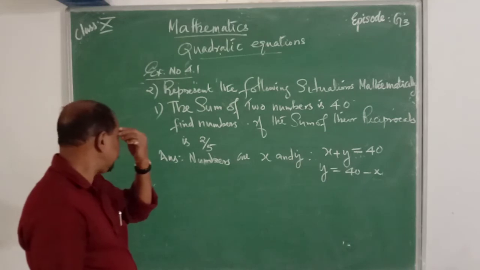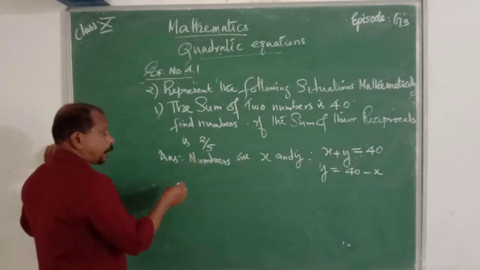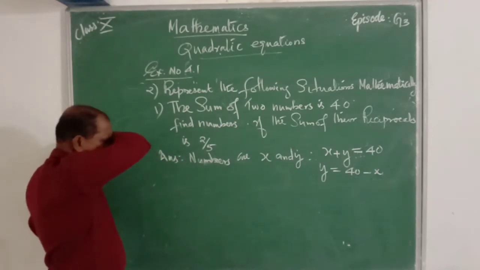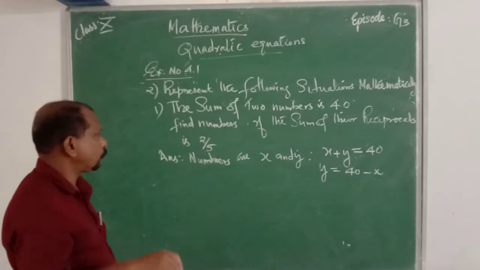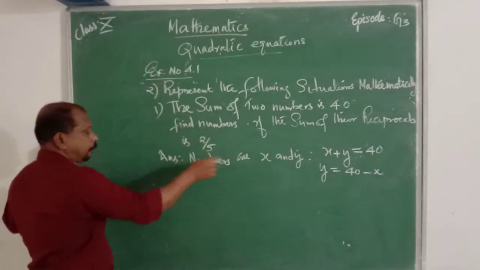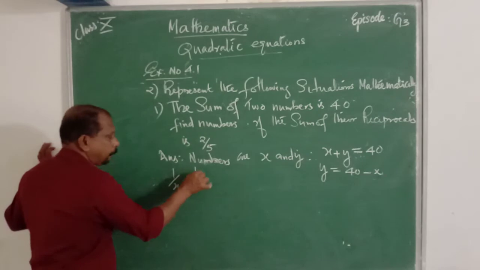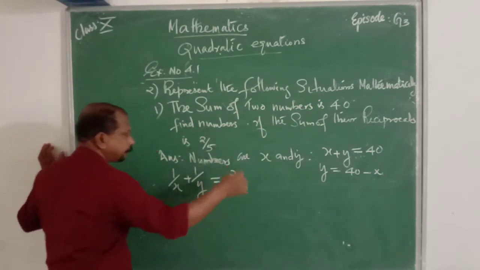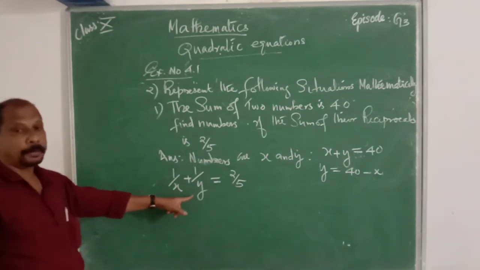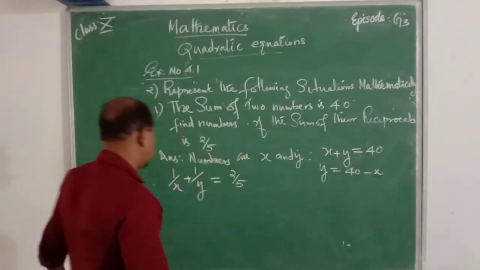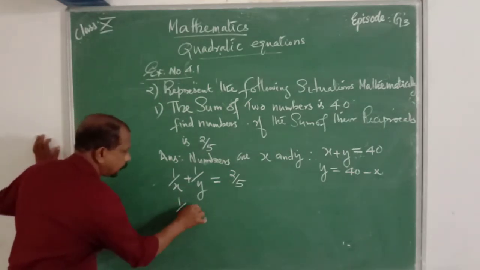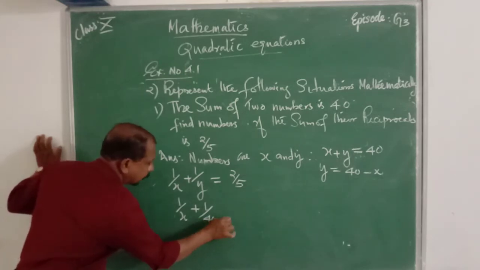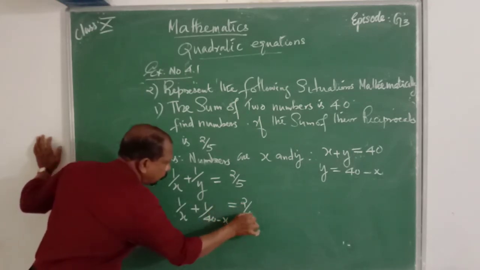Then reciprocals. Reciprocal means, what is the reciprocal of 2? 1/2. Reciprocal of 2/5? 5/2. That means reciprocal of the first number x is 1/x, plus 1/y is equal to the given 2/5. This y is replaced by 40 minus x. That is 1/x plus 1/(40 minus x) is equal to 2/5.